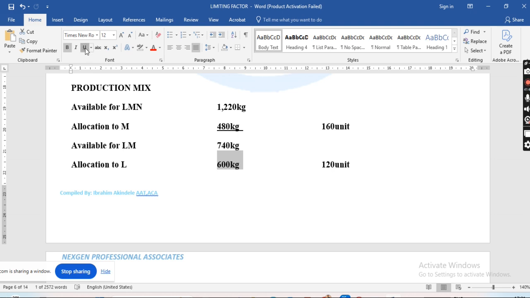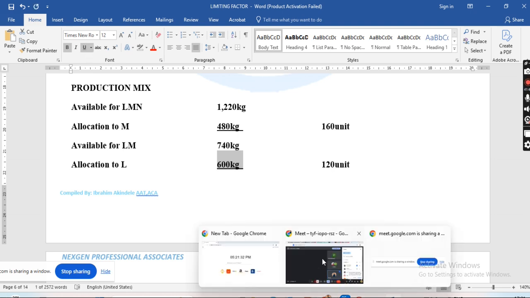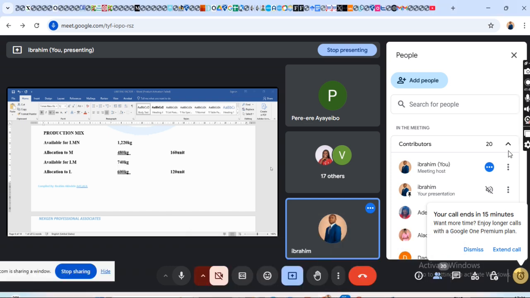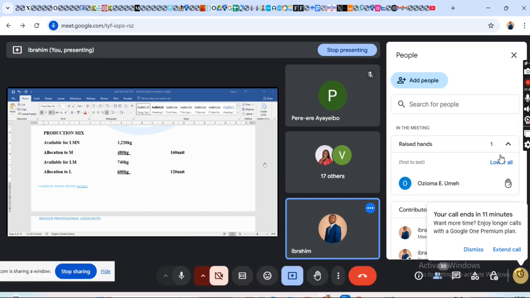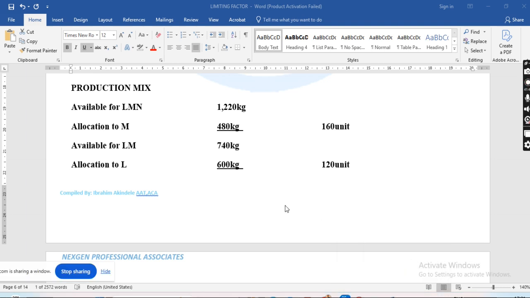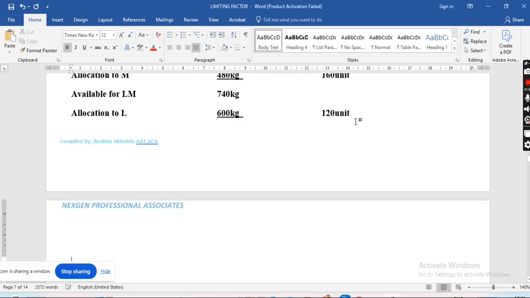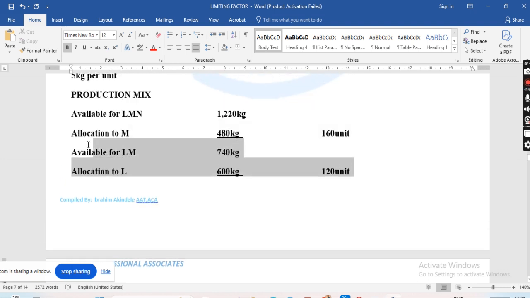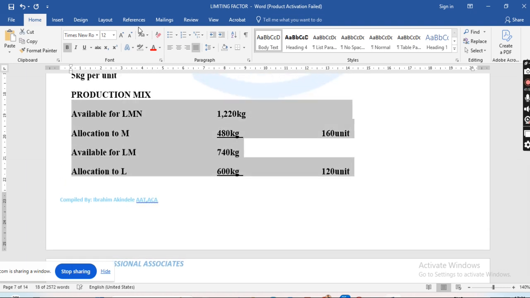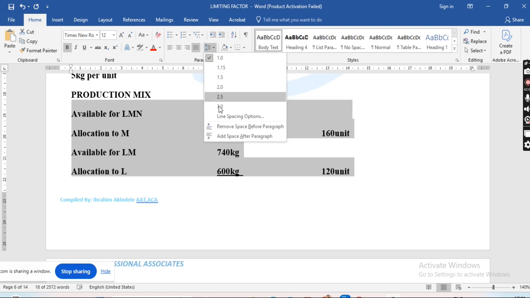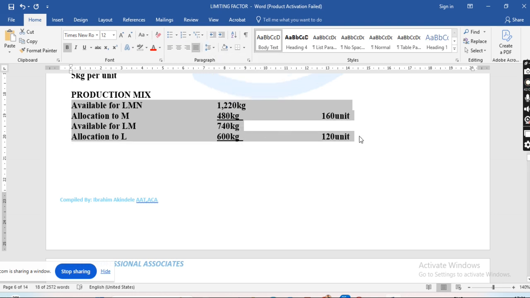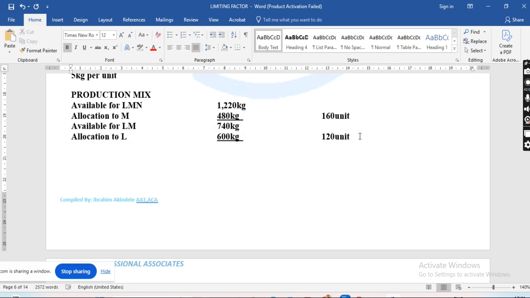So what is the balance? 140 kg. 140 kg, right? Yes, sir. 140 kg.